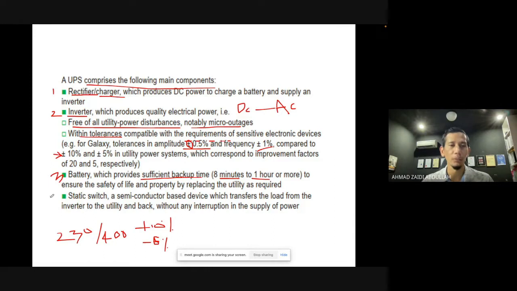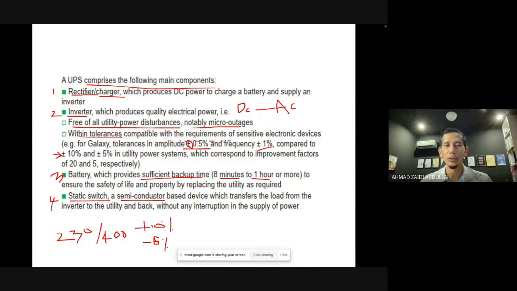And then number 4 we have the static switch. The static switch is also a main component in the UPS, whose function is to switch from the normal load to the UPS. The static switch is a semiconductor-based device, as I mentioned earlier.